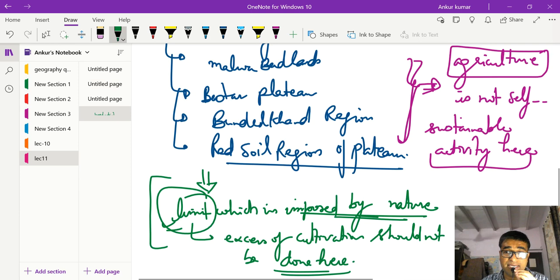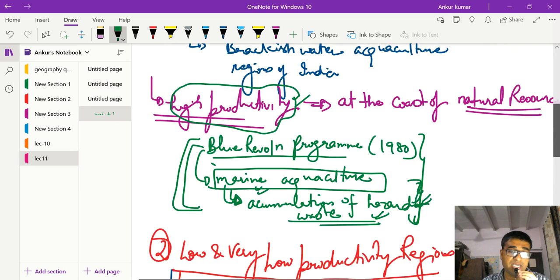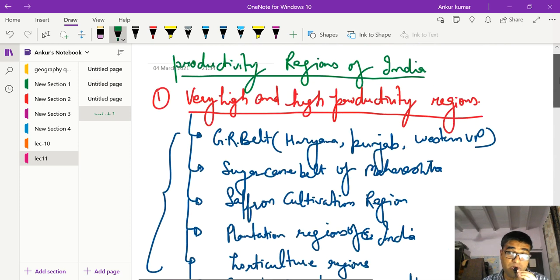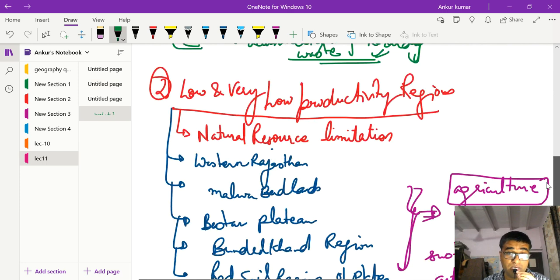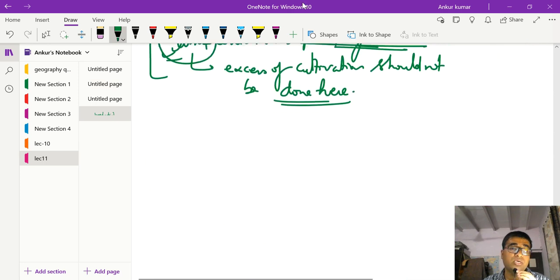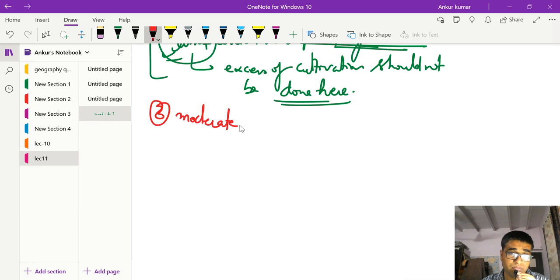So this was the second aspect. First the high productivity region, second the low productivity region. Moving on to the third type of regions, the moderate productivity regions.